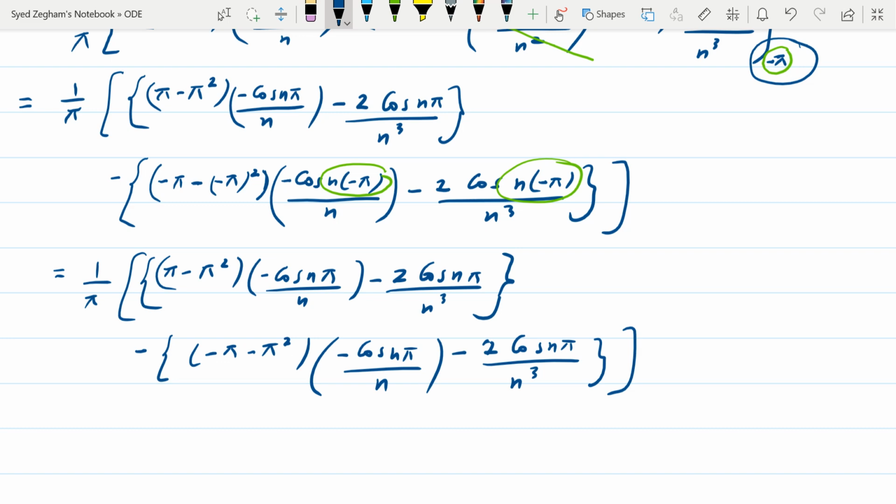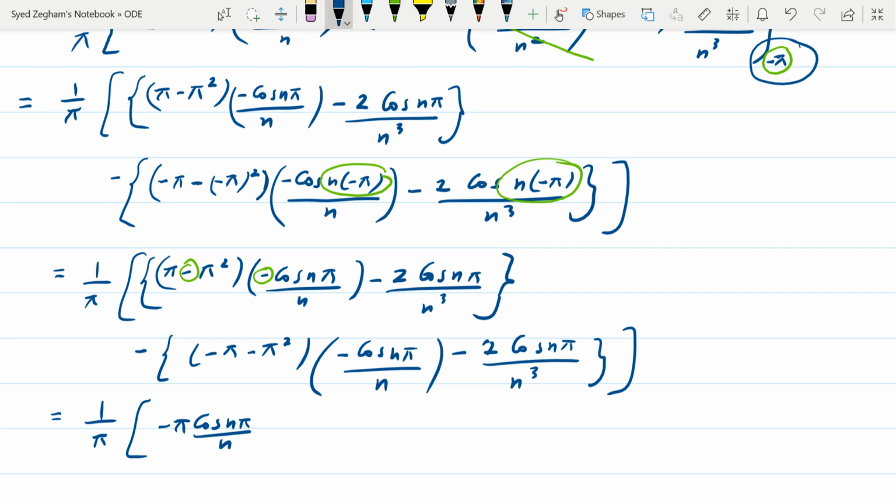Let us open the brackets, and I think many terms will cancel. Let us see. So this will become pi multiplied with minus cosine n pi over n. This is first term. Then minus, and this minus, this will become plus, right?